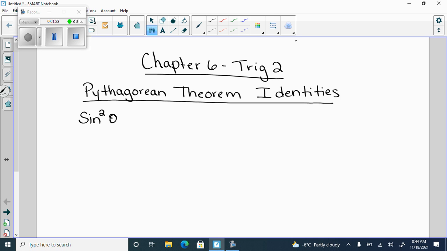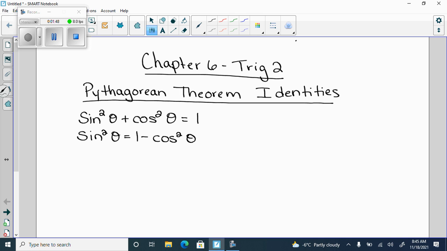Sine squared theta plus cos squared theta equals 1. Now, how do I get that into any other form? What could I do? I could subtract either the sine or the cos. So if I subtract the cos, then I could say sine squared theta equals 1 minus cos squared theta, correct?